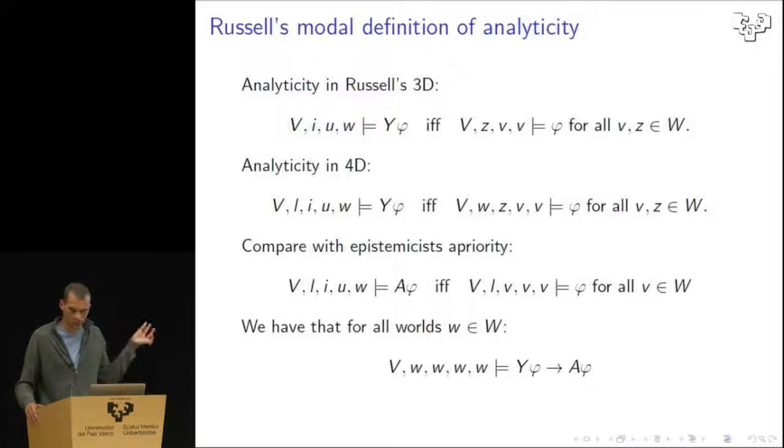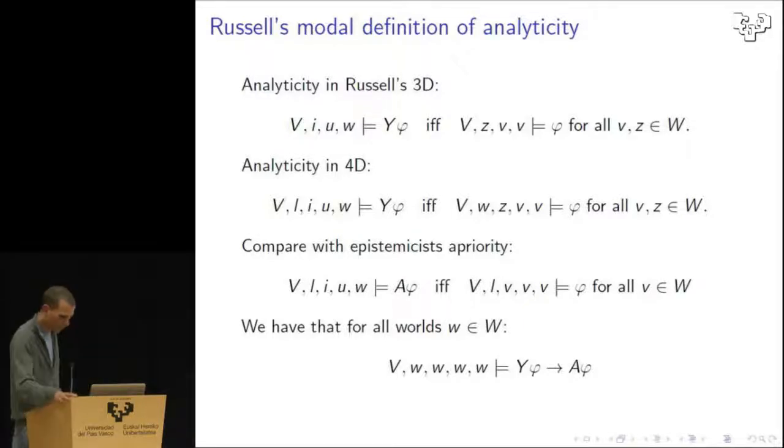This is just the definition that she gives, and she gives some arguments, some examples, why this, at least intuitively, makes a lot of sense. And now the way I embed this into the four-dimensional system is as follows. This is now the next slide. If you look at this definition, the last three dimensions, which are the ones already in Russell's system, are exactly the same as what Russell is doing.